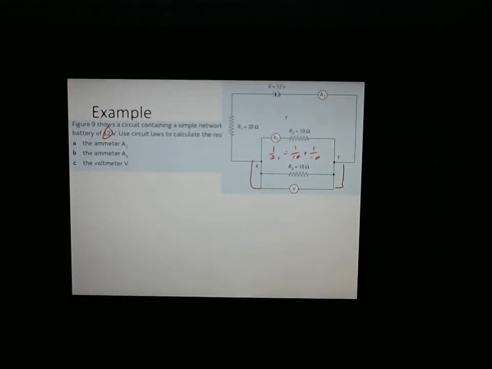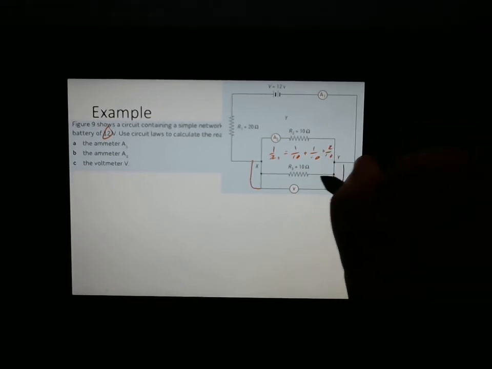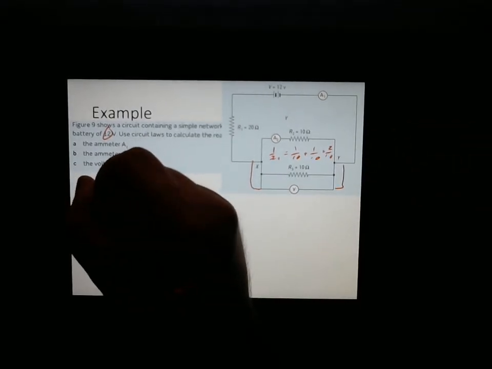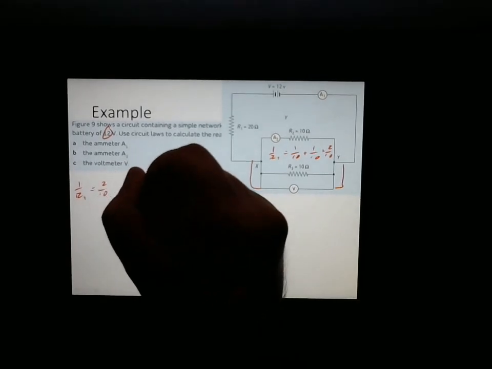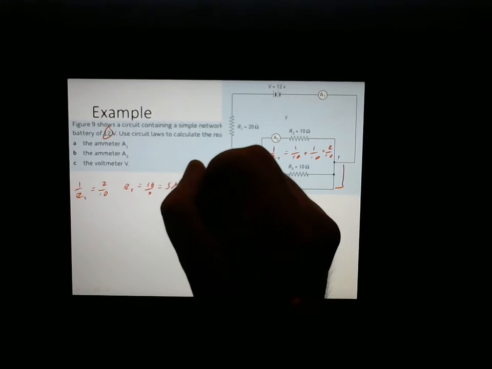I'm not going to write out the laws fully before putting in the numbers, I just don't have the space, but hopefully you guys are keeping up okay with that. So if we add those together, we get 2 over 10. So 1 over RT equals 2 over 10. So RT equals 10 over 2 equals 5 ohms.